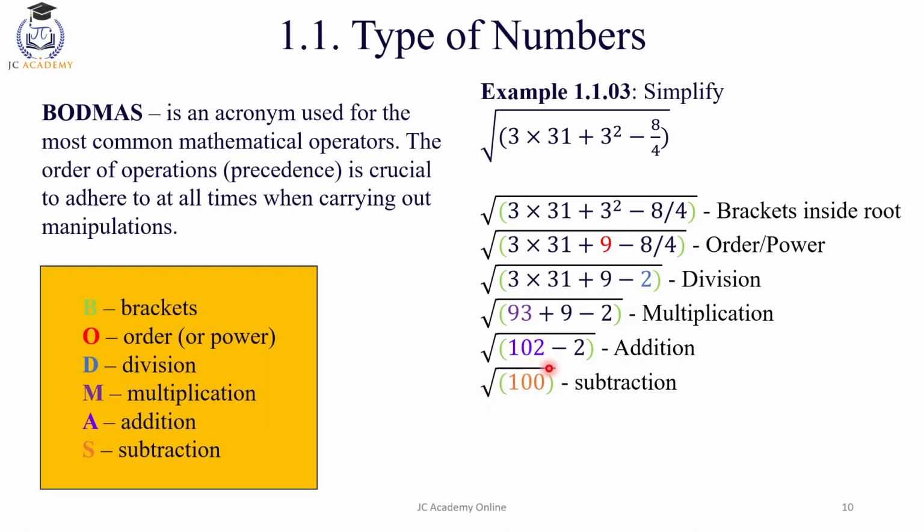So we're going to do the square root of 100, which is equal to 10. Okay, so we did the bracket and order at the power. Therefore, notice that this entire complex looking calculation, following BODMAS, each step of the way can be simplified to the number 10.